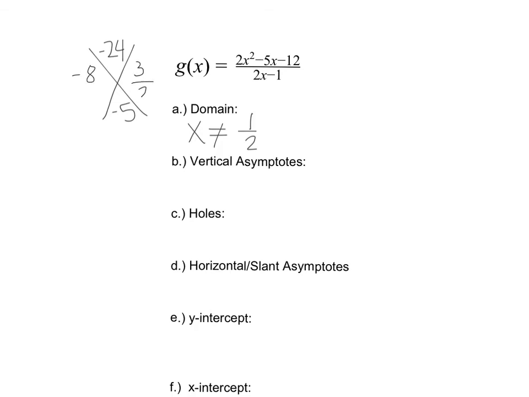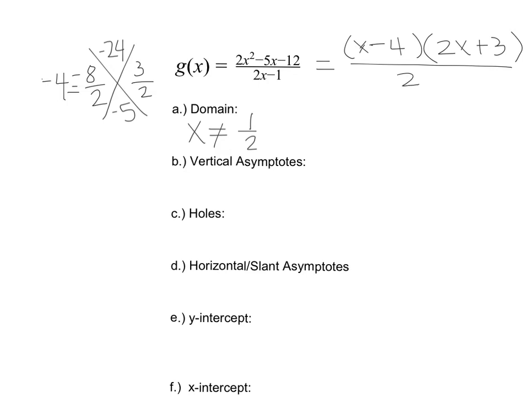Divide both of them by 2. -8 over 2 simplifies to -4. So our numerator is going to factor to x minus 4 times 2x plus 3, all over our denominator of 2x minus 1.